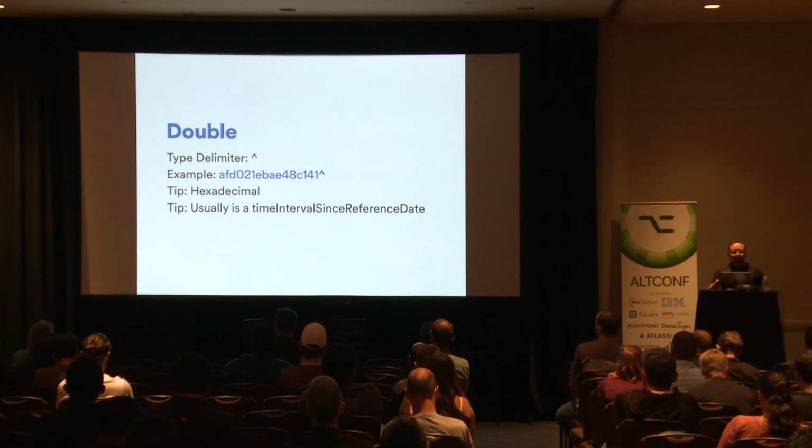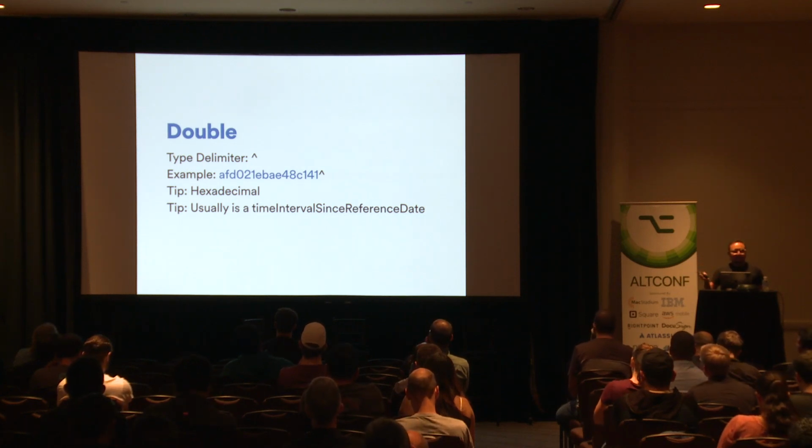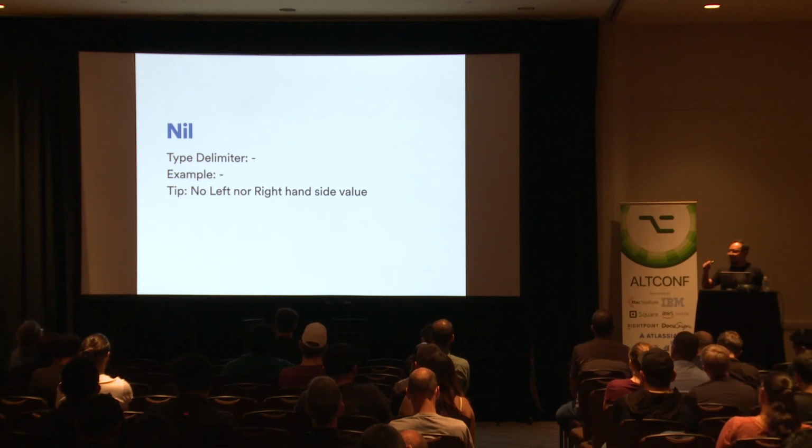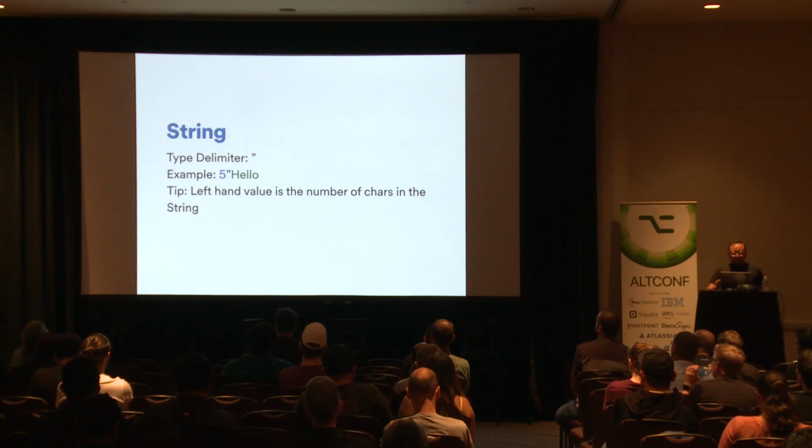They are timestamps since the year 2000, or 2001, I forgot. So when you find a double, it's actually a date, a timestamp. The nil is the only type that doesn't have either a left or a right-hand side value. It's only a dash. So if you find a dash, that's a nil value. And the string has the type delimiter double quote.